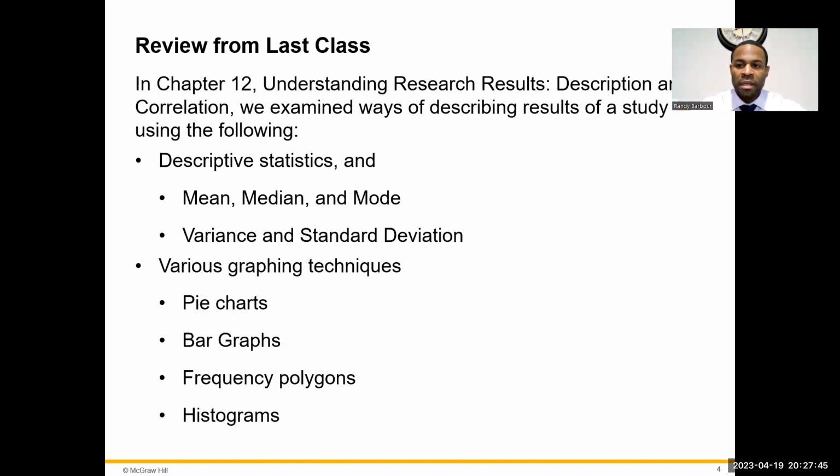And then you can visualize it using various graphing techniques. We talk about pie charts, bar graphs, line graphs, frequency polygons, and histograms. All of those things will be important. Again, as you do a real research project, you'll use descriptive statistics, and you'll also use inferential statistics to describe what's happening in your sample and your data.